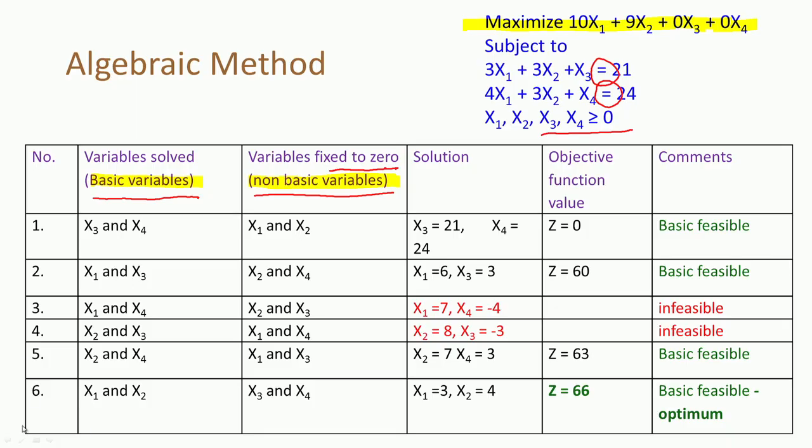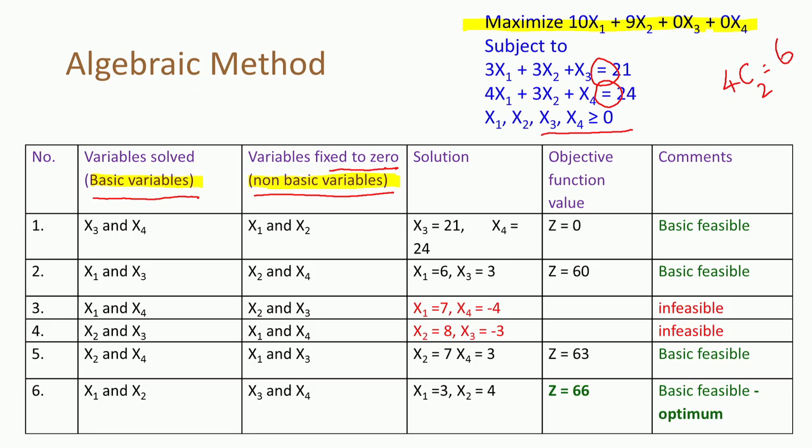So, if I am going to solve for 2 variables out of 4, the 2 variables that I am going to solve can be chosen in 4C2 ways, or they can be chosen in 6 ways.